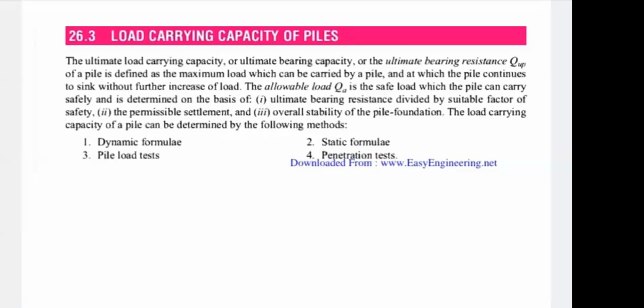Always remember, if you are using the dynamic formulae, you will need to consider the FOS as 6. But while considering soil exploration or Terzaghi's equation, the factor of safety varies from 2.5 to 3. In determination of load carrying capacity with the dynamic formula, it should be 6. We will see one by one.